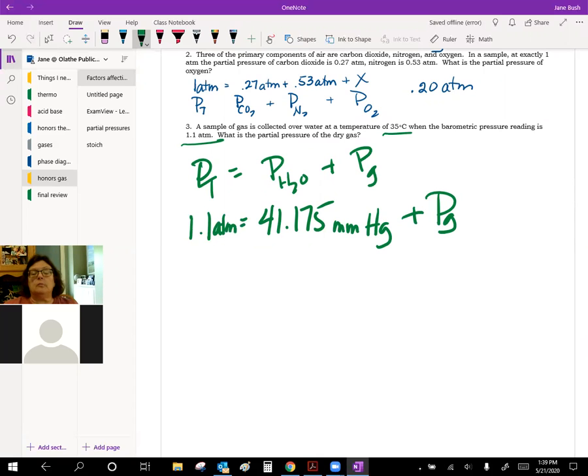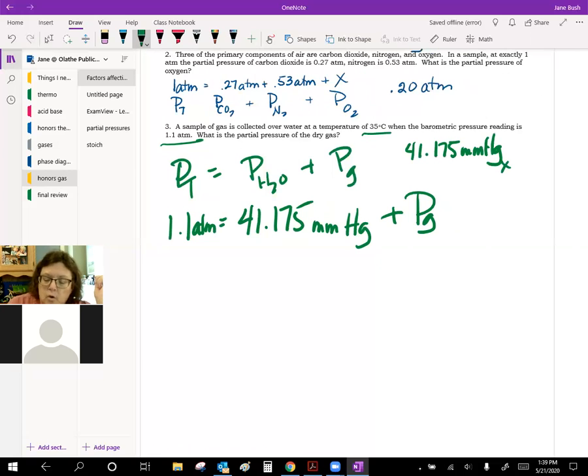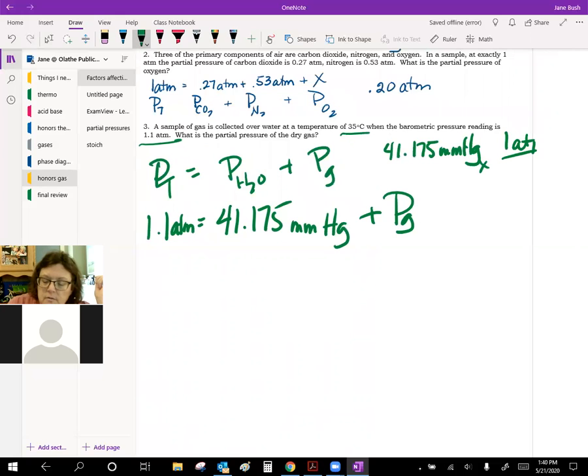So here's our problem. One of them is in atmospheres, one of them is in millimeters of mercury. We got to change one of them. Doesn't matter which one we change. 1 atmosphere is equal to 760 millimeters. So I'm going to change this guy, and I'm going to multiply by 1 atmosphere over 760. 41.175 divided by 760.